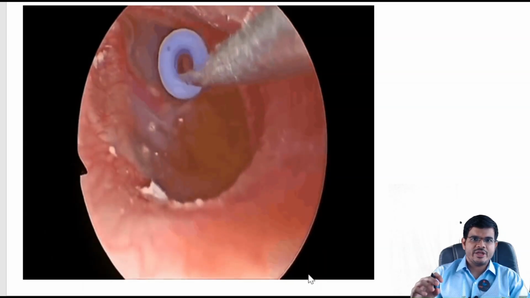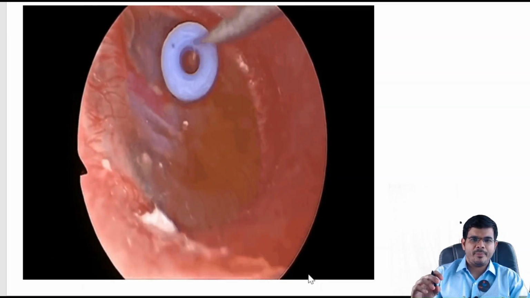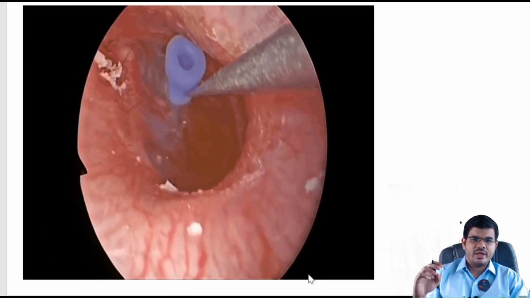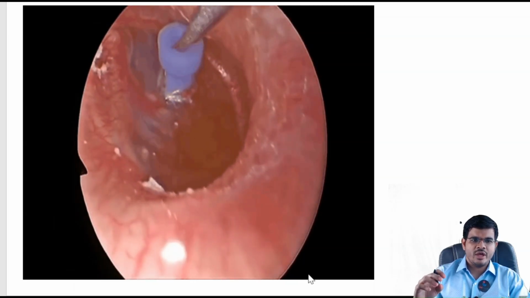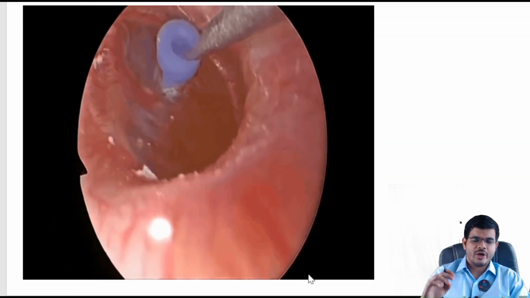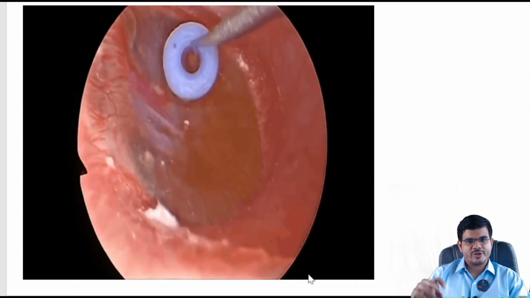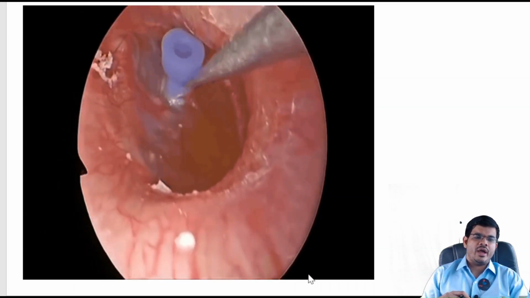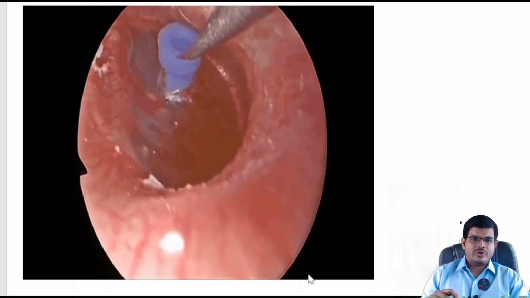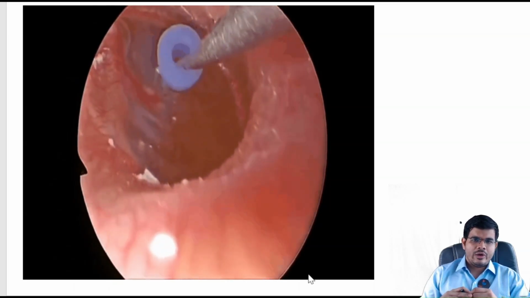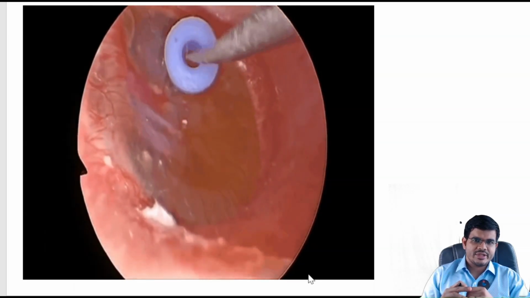Okay, a ventilation tube or grommet is put in the anteroinferior part, and it actually is doing the function of the eustachian tube. This grommet will do the function of the eustachian tube, that is ventilation of the middle ear. Okay, so this is how a otitis media with effusion is treated.